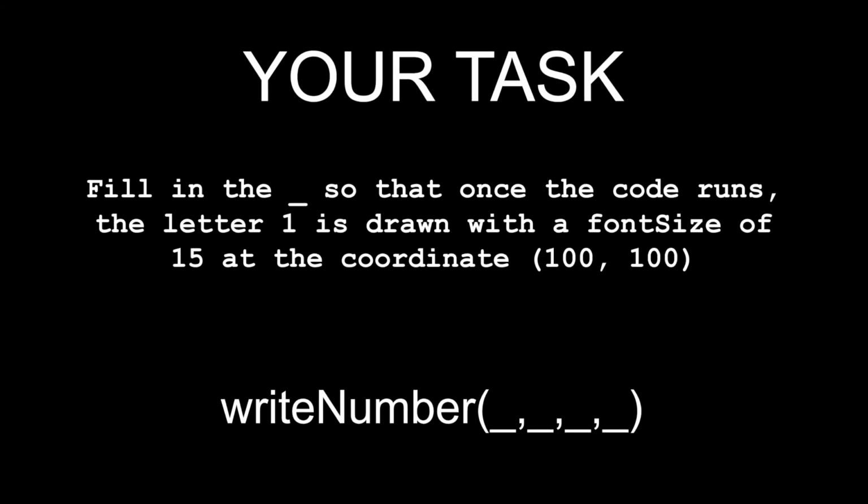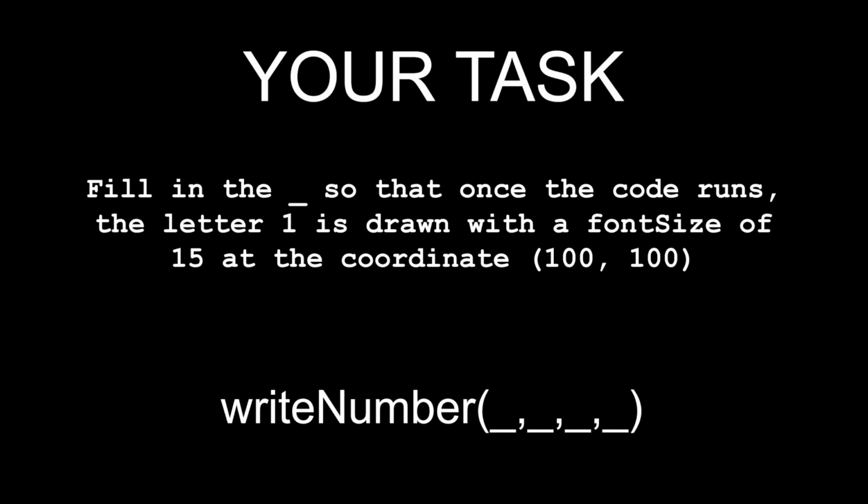Now here is what you have to do. Fill in the blank below so that once the code runs, the number 1 is drawn with a font size of 15 at the coordinate 100, 100.